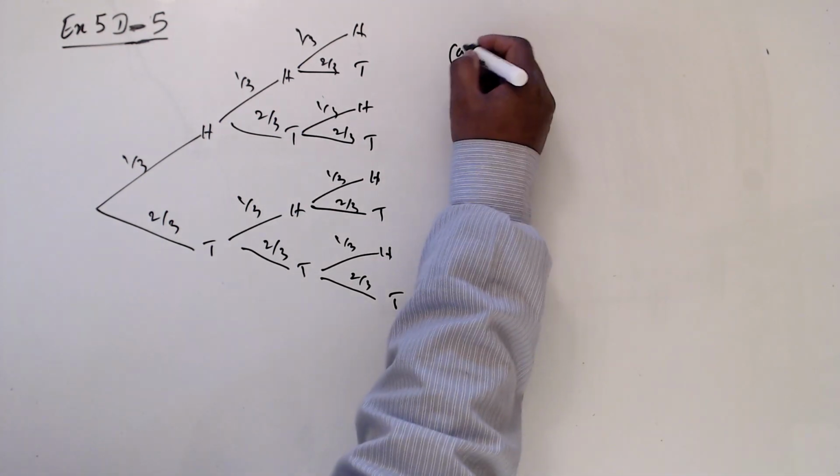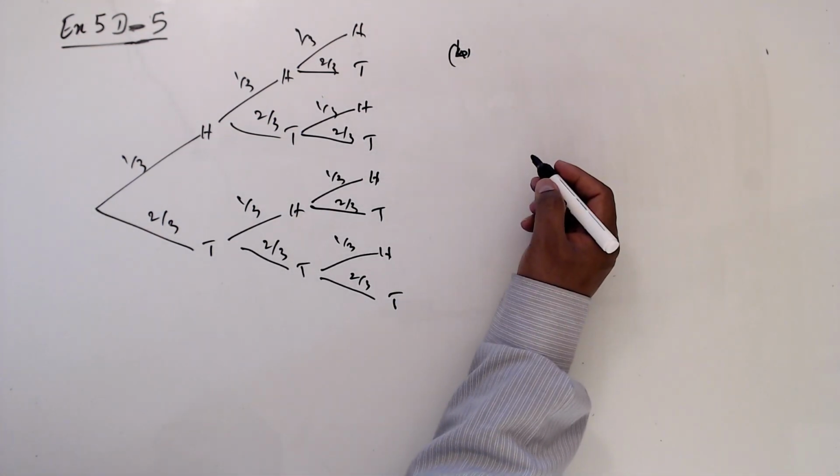That's done. Part B. Find the probability that the coin lands on head all 3 times.